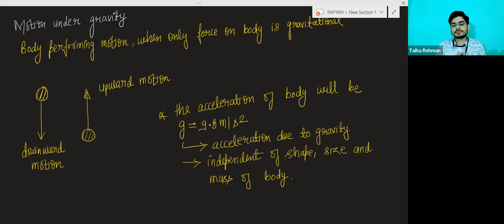You are right, to that extent you can be right. But I have given one condition: there is no air around. We are not assuming the air. Then I am asking, the mass of this is more, the mass of this is less, and shape and size you can see.